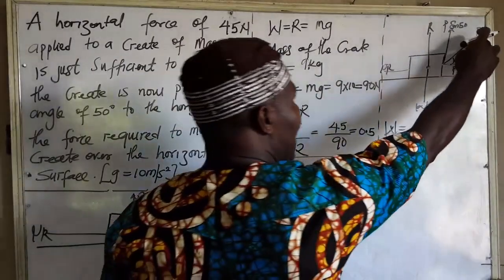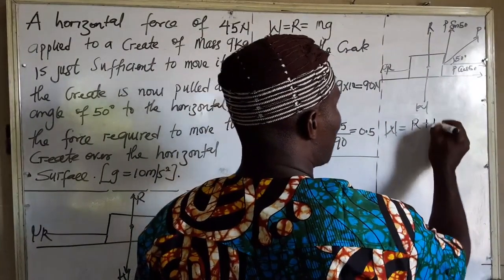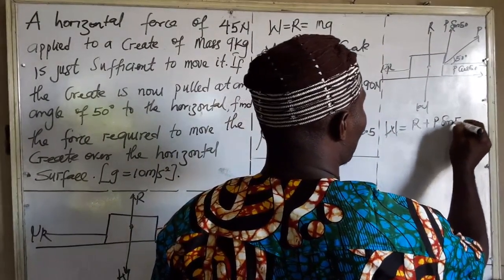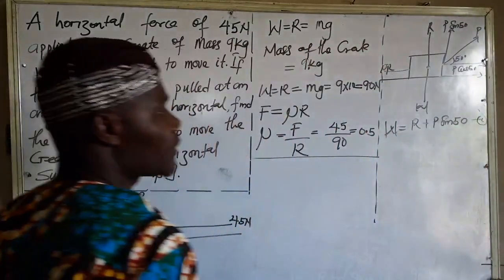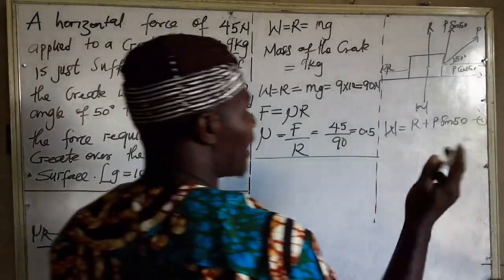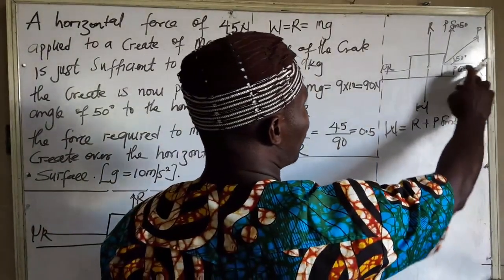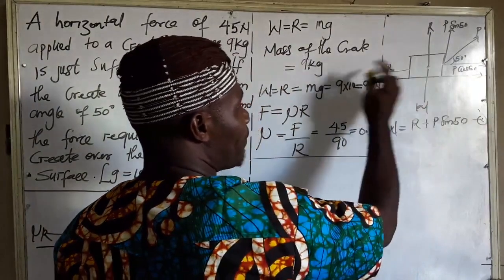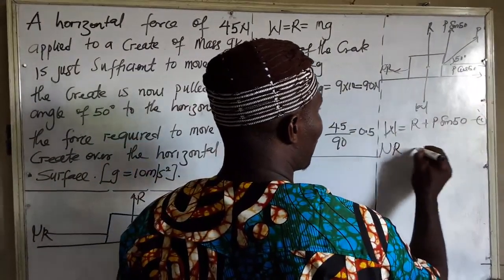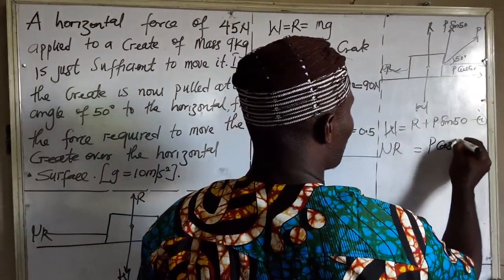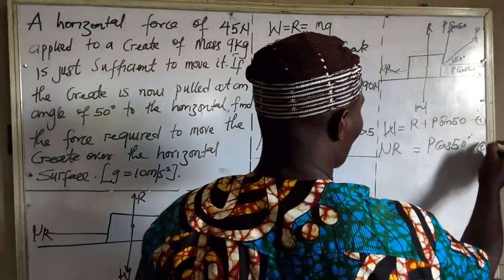You must also consider the vertical component: the weight equals the reaction plus P sin 50. Let's call this equation 1. You also consider that the horizontal force will be equal to the limiting force, so μR is equal to P cos 50 degrees. We call this equation 2.